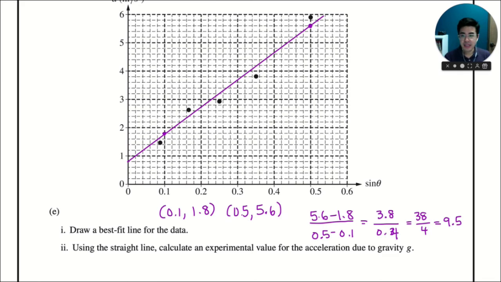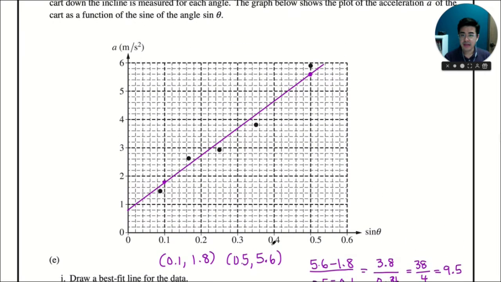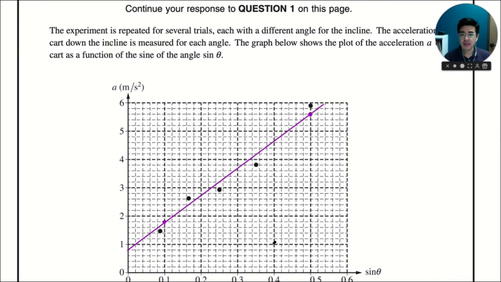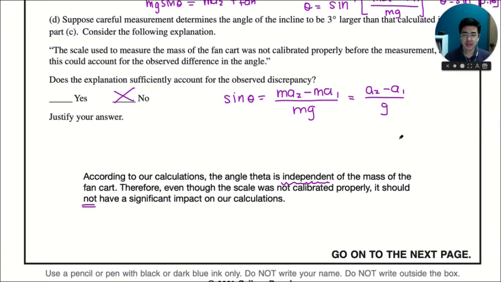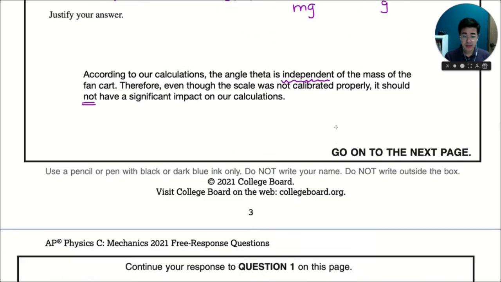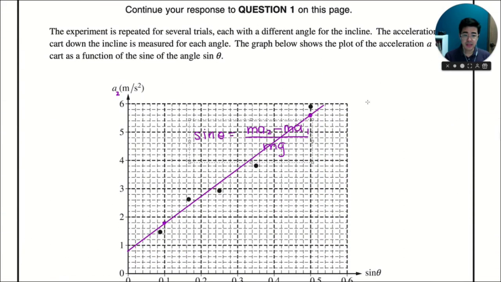And thankfully, I think we have an equation from before. And this is down the ramp. So this is going to be my A2. So what was the equation we had from before? Aha, we're going to take this then. And I can copy paste this. So I'm going to paste this here.